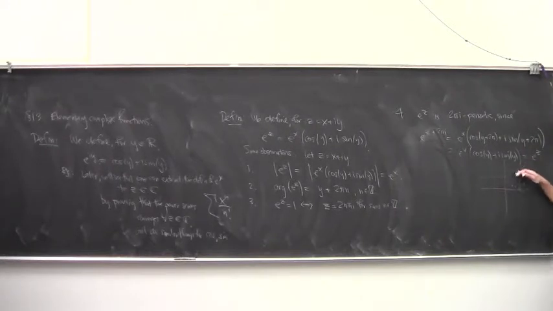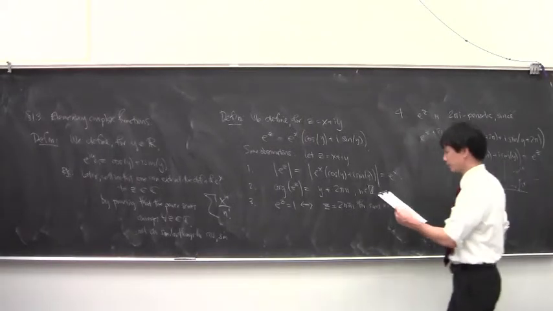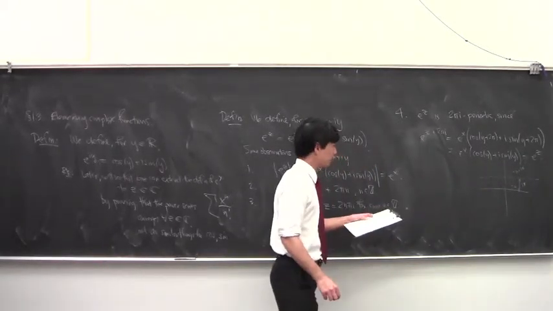Then e to these values are going to be the same value. So it repeats itself on each strip. You can take any strip and slide it over, and you're going to get the same function again.